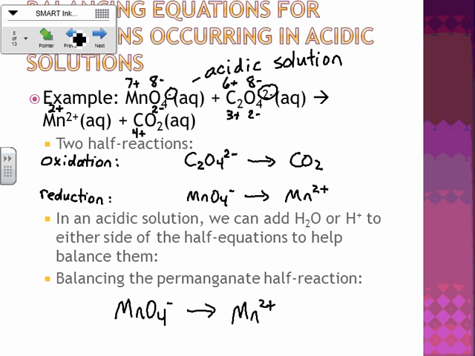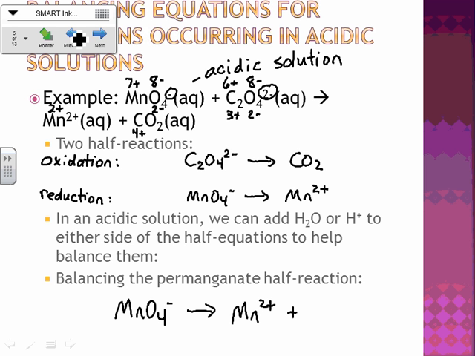Now, let me say this first. One thing we should look for at the very beginning is to make sure that our other atom is balanced. We have 1 manganese on the left side, 1 manganese on the right, so we're good there. Sometimes you might have to put a number in front of one or the other to balance out the atom that's actually being oxidized or reduced. But because we're good there, let's go ahead and add H2O to this side. How many H2O molecules do we need to add?